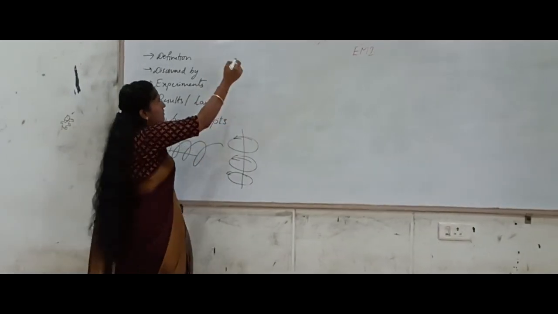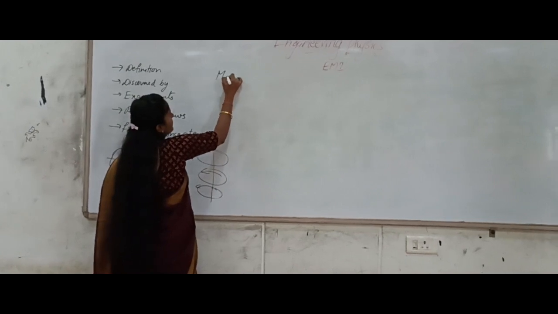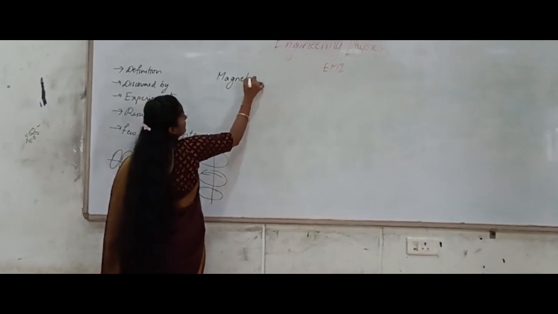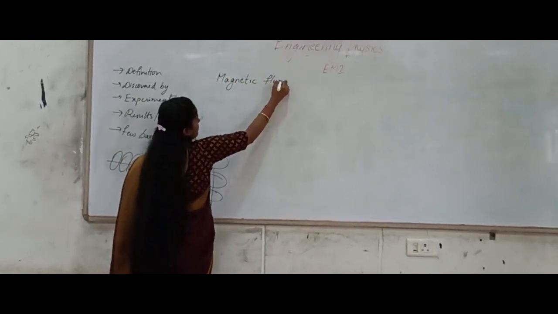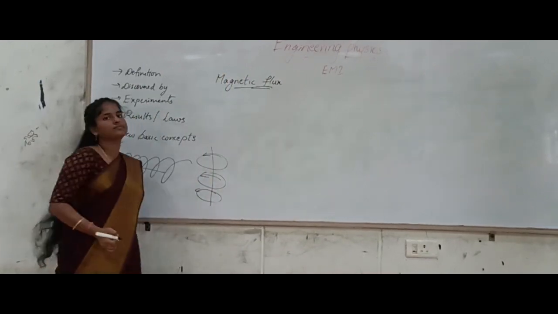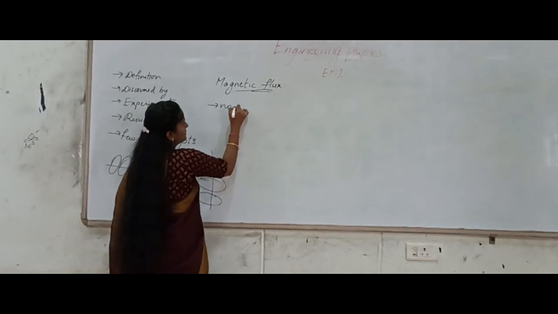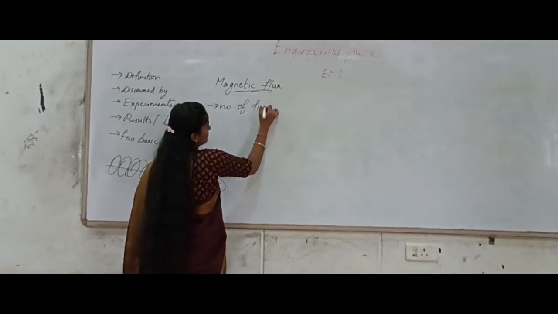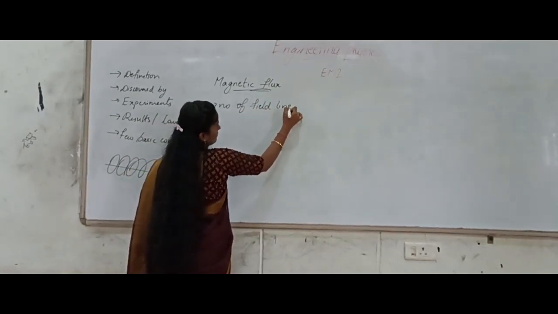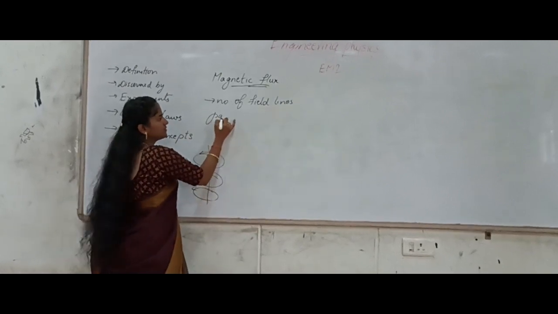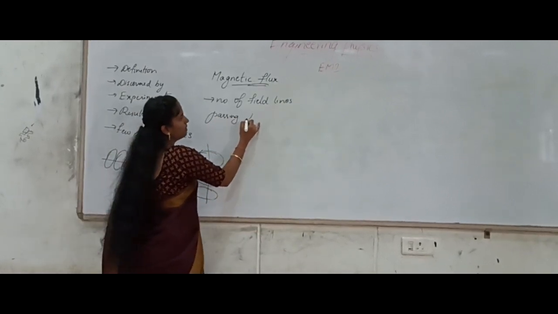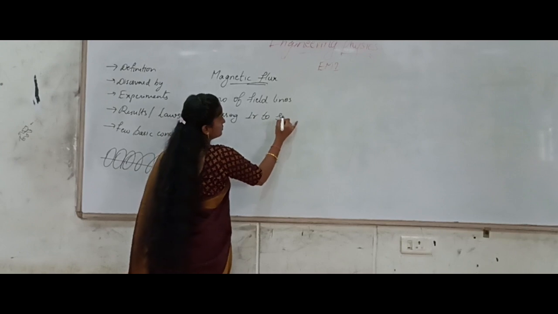The next basic concept is magnetic flux. Magnetic flux means the number of field lines passing perpendicularly to a surface area.